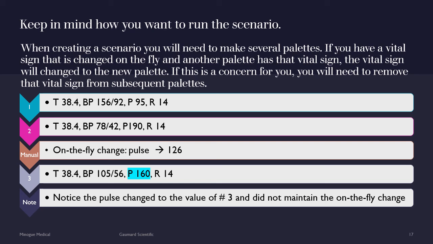So in the future, if you are going to be building a scenario and you know 100% that you're going to be changing that pulse based on whatever the learner did, then you may want to remove that vital sign from the palettes going further down. And you can do that. Remember, we can hit the little X button on that vital sign and remove it.